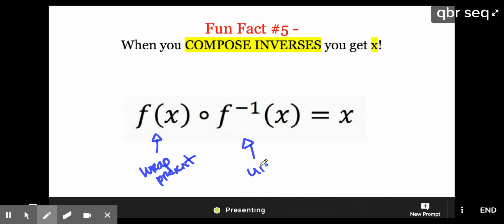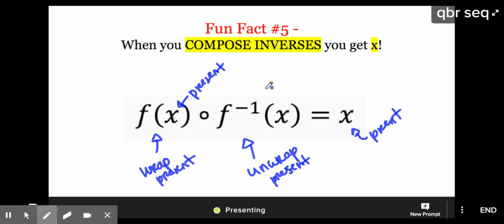And then you unwrap the present. You just end up with the present, right? Which is what you started with. So if you do something to it and then you undo it, you're going to end up with what you started with. So therefore, if they are truly inverses, when you compose them, you'll get x.